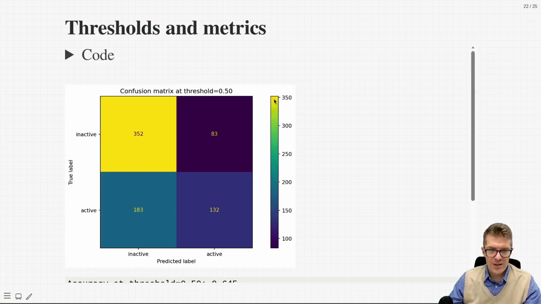You can see here, the color represents amount of overlap. So there's often a lot of agreement between the prediction and the true labels. Unfortunately, there's also a lot of disagreement between inactive predictions and active true labels.